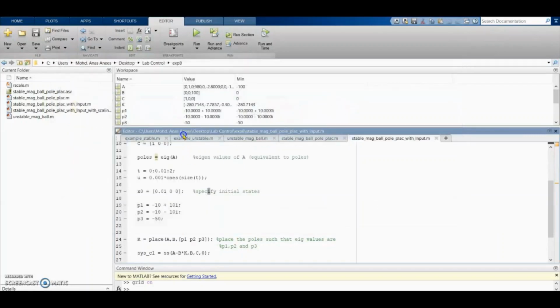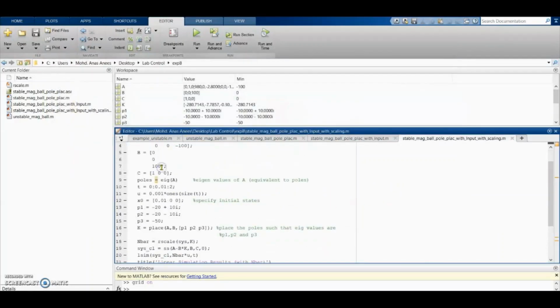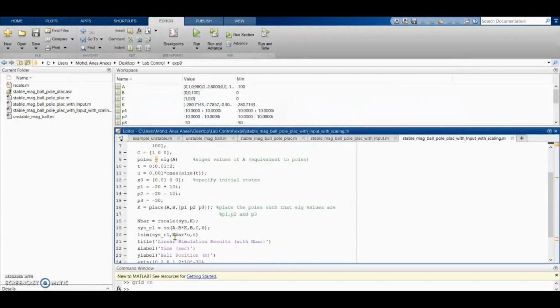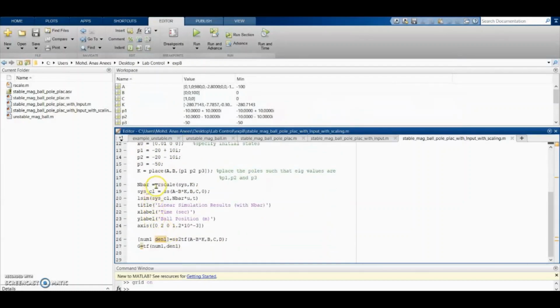So let us say we are using this program here. Everything is same except that we have used a function known as rscale. So all of the things are same.